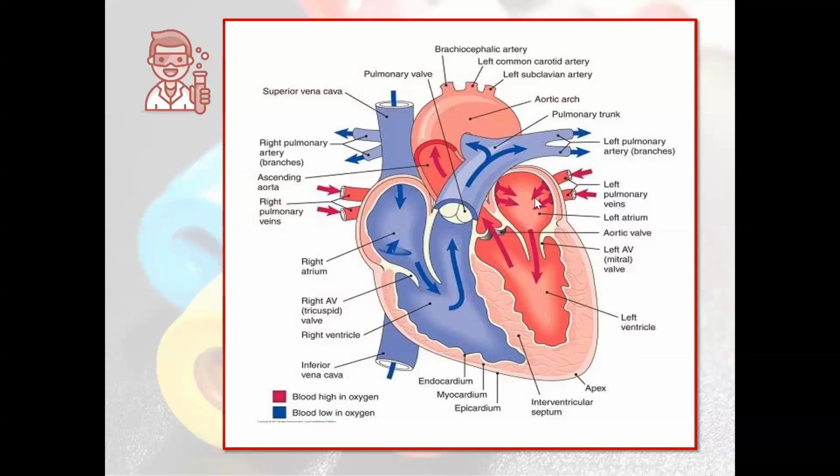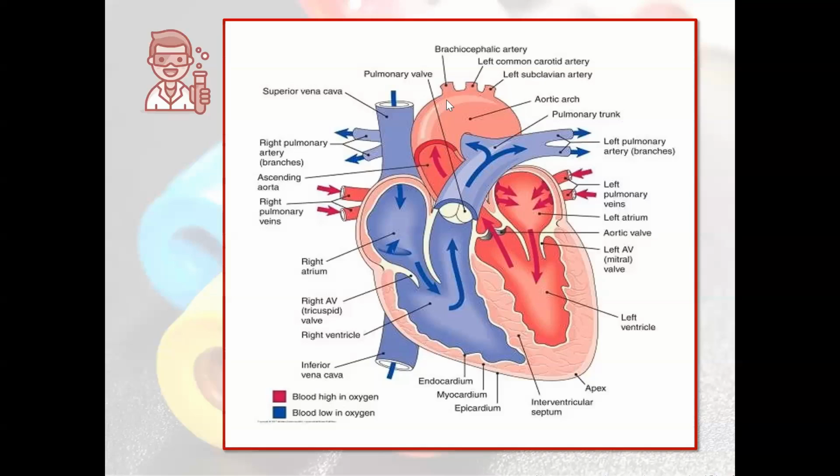In the middle of the left atrium and left ventricle, you have here your bicuspid valve, or also known as your mitral valve. And after that, you also have here another valve, which is called the aortic semilunar valve, okay, which opens to the aorta.